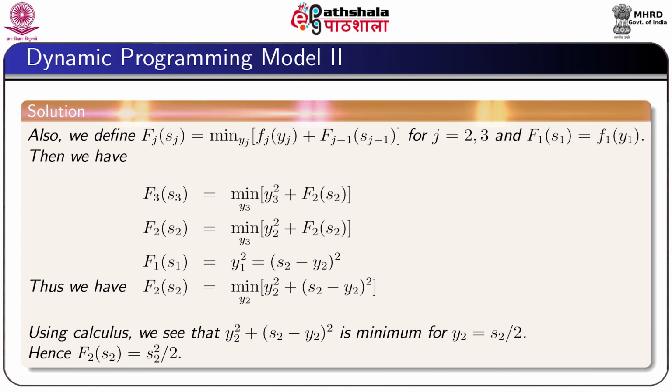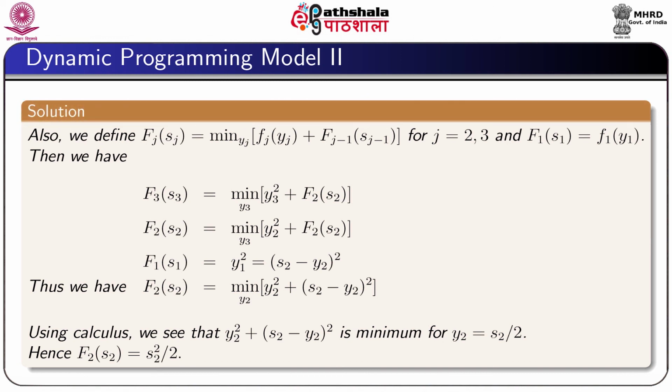From the last two equations, we get F2(S2) equal to minimum of y2 square plus (S2 minus y2) whole square, where the minimum is taken over y2.